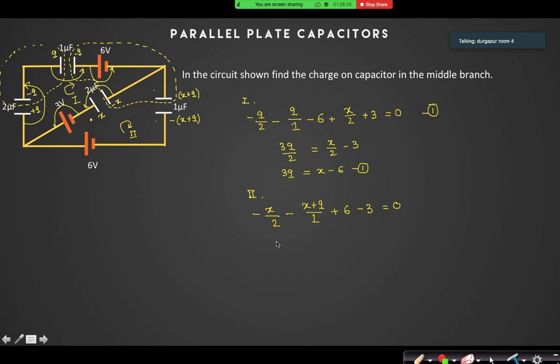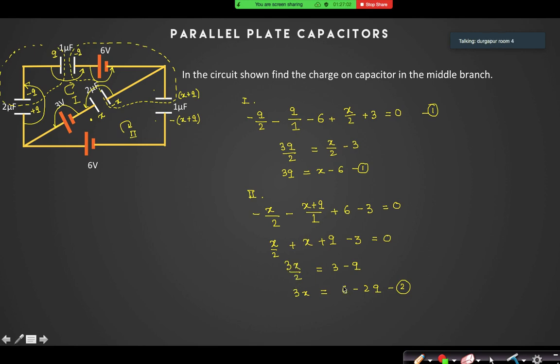Further simplifying, we get x by 2 plus x plus q minus 6 plus 3 equal to 0. So 3x by 2 equal to 3 minus q, or 3x equal to 6 minus 2q. That is the second equation.